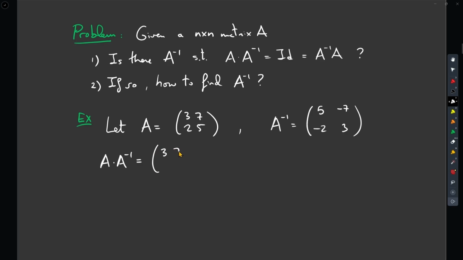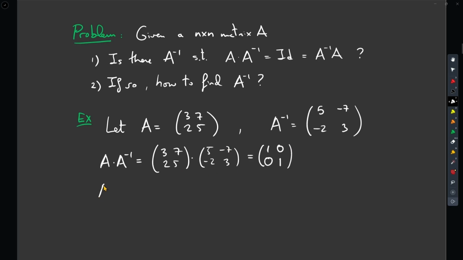If I multiply 3, 7, 2, 5 times 5, minus 7, minus 2, 3, what do I get? Remember how I multiply matrices. 3 times 5 is 15, minus 14, I get 1. 3 times minus 7 is minus 21, plus 21, I get 0. 2 times 5 is 10, minus 10 is 0, and 2 times minus 7 is minus 14, plus 15 is 1.